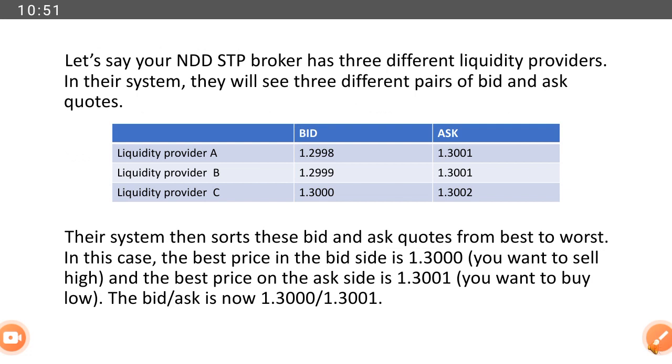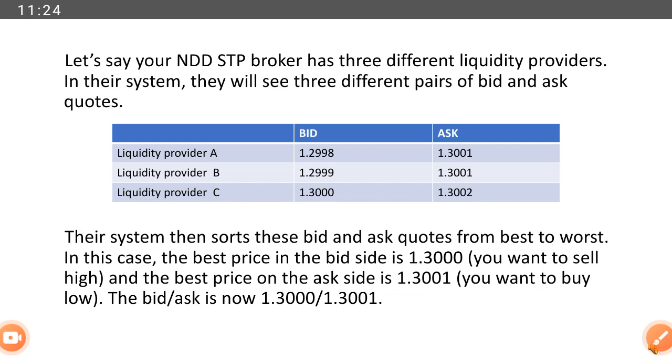In their system, they will see 3 different pairs of bid and ask quotes. Liquidity provider A: the bid is 1.2998, the ask is 1.3001. Liquidity provider B: the bid is 1.2999, the ask is 1.3001.